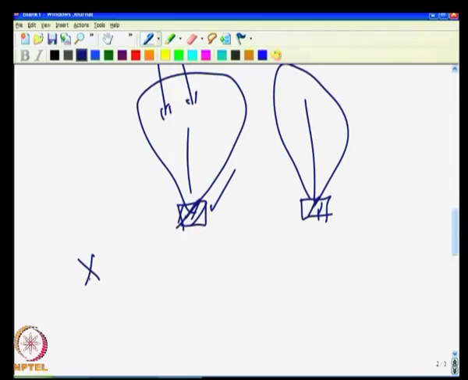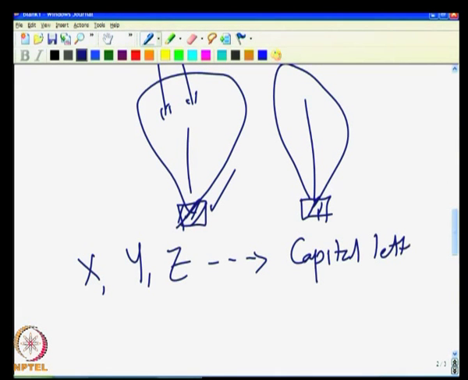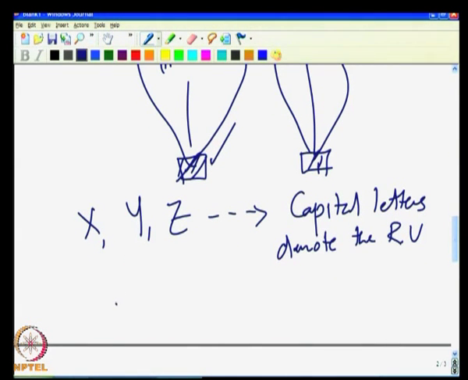So, for example, X, Y, Z, etcetera, capital letters denote the random variable, and the associated small letters x, y, z, etcetera, denote the value of the random variable.